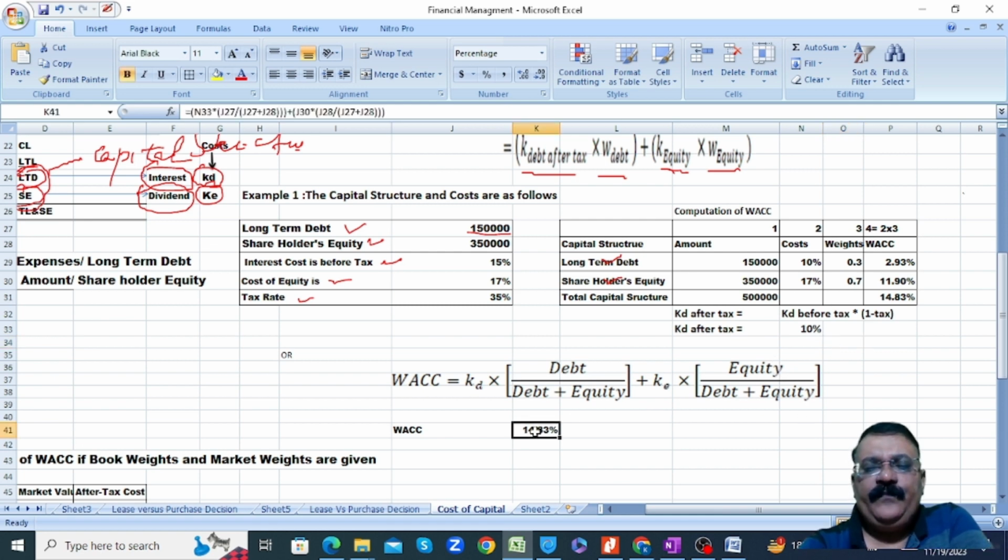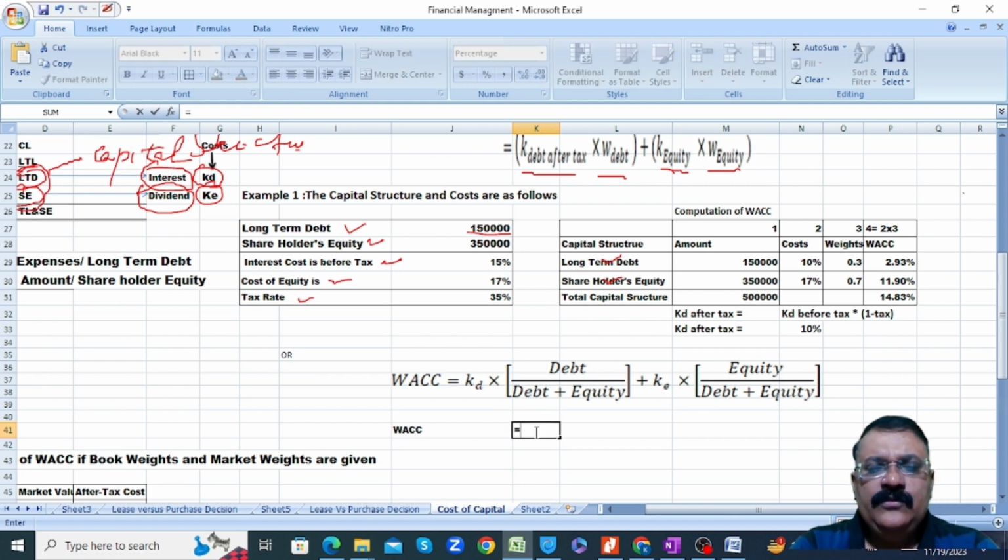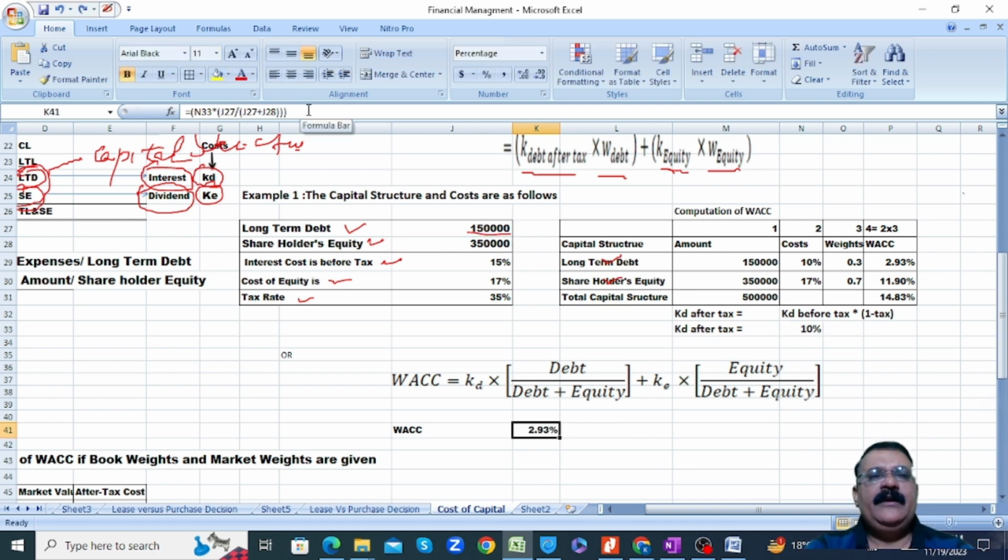लो इसको हम जो है कंप्यूट कर लेते हैं. Is equal to cost of debt after tax multiplied, we know that, divided by sum of long term debt plus equity. We have computed up to here cost of debt.